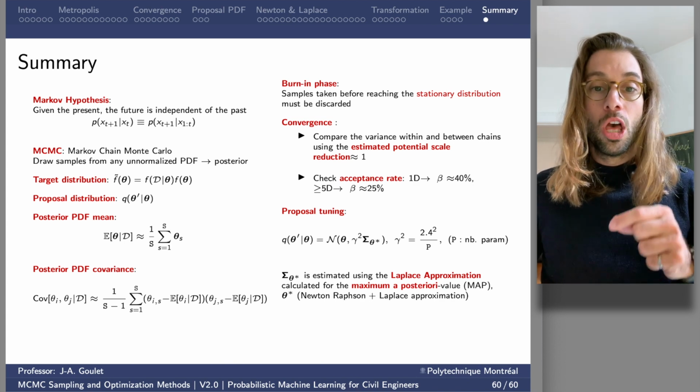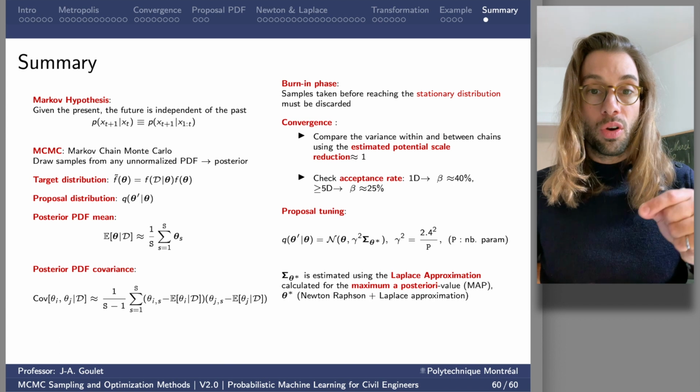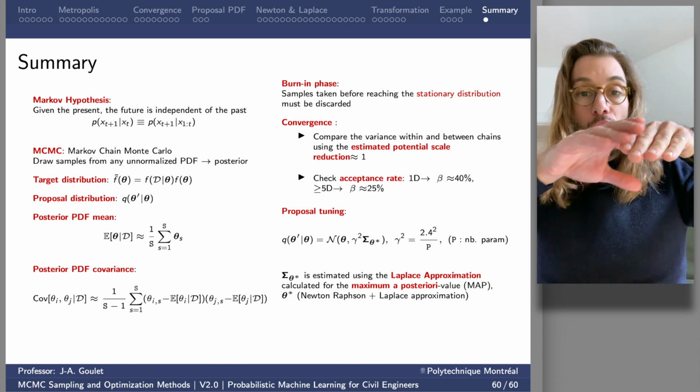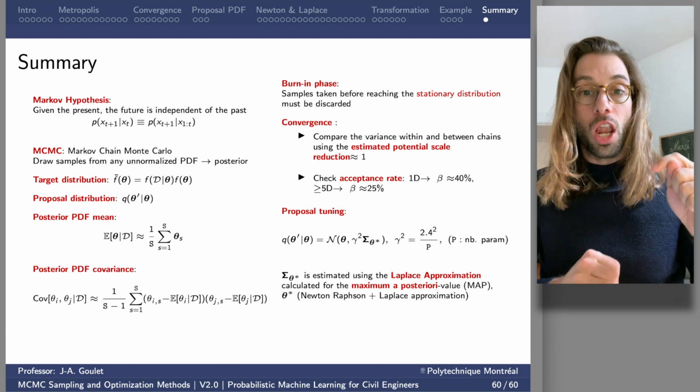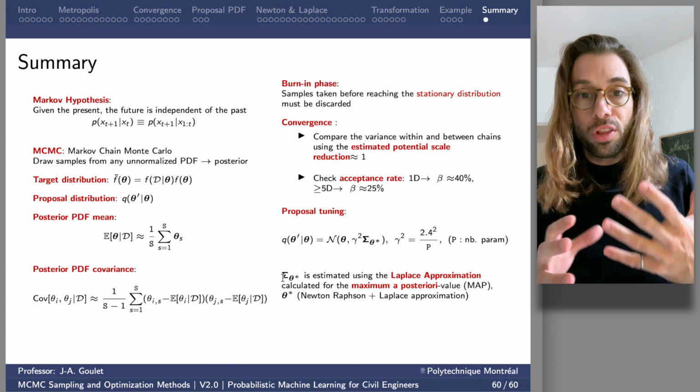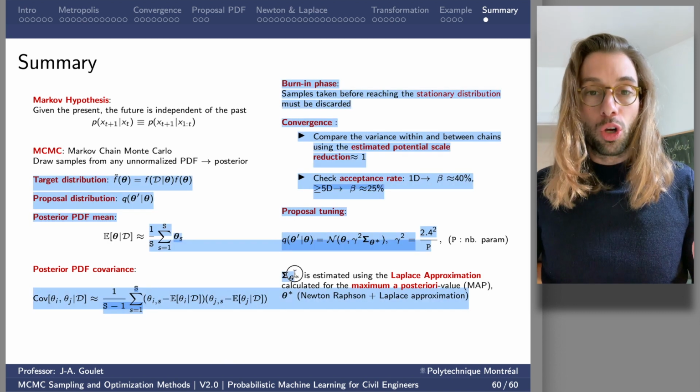What we do is use a gradient-based algorithm to first find the max of our unnormalized posterior, and then use the curvature of the log of our target function in order to have a roughly good approximation of our covariance matrix.